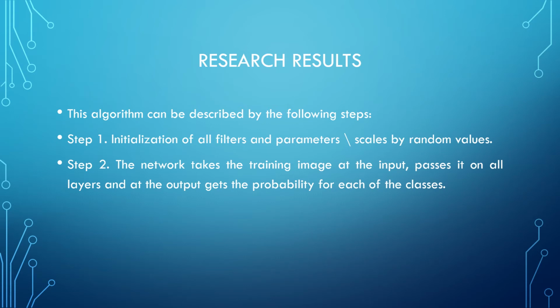Step 1. Initialization of all filters and parameters, scaled by random values. Step 2. The network takes the training image at the input, passes it through all layers and at the output gets the probability for each of the classes.